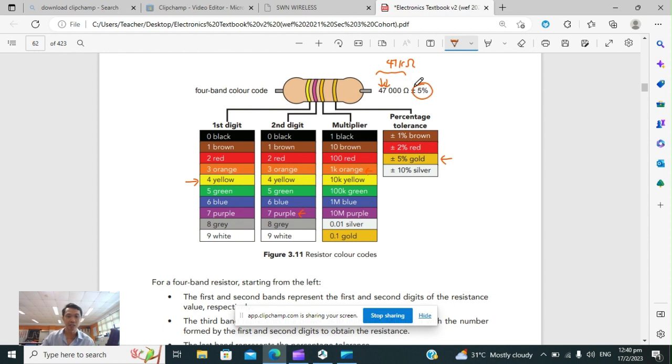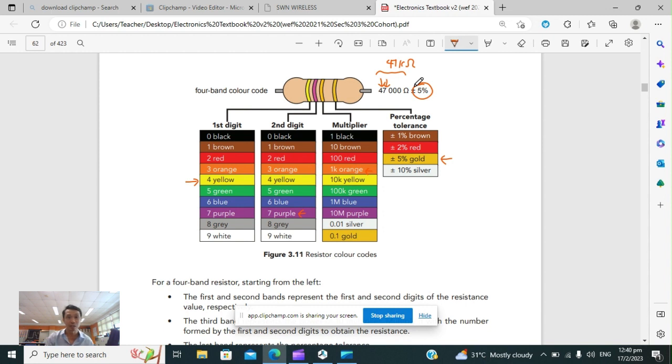So let me explain to you a little bit about this tolerance. Now, when the manufacturers manufacture resistors like what you see on the screen, the carbon resistors, they can't manufacture a precise resistance.